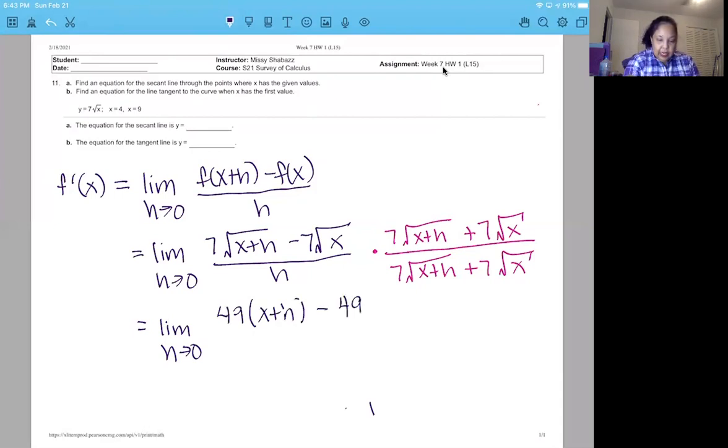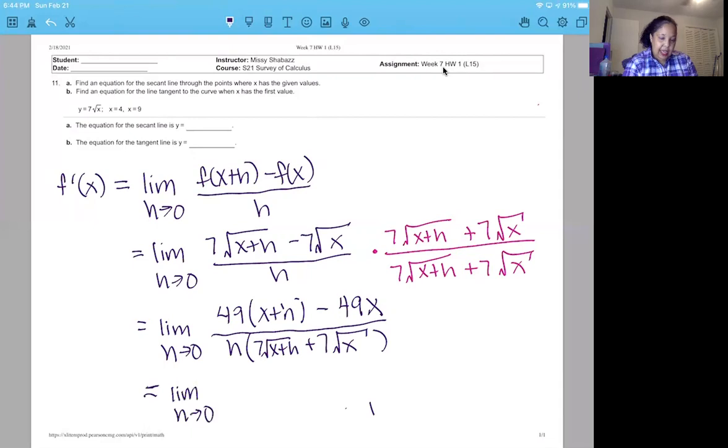minus 49x all over h times the 7 square roots of x plus h plus 7 square roots of x. When I distribute that 49, I get 49x plus 49h, but I am subtracting off 49x. So I'm left with 49h in the numerator. And in the denominator, I have h times 7 square roots of x plus h plus 7 square roots of x.